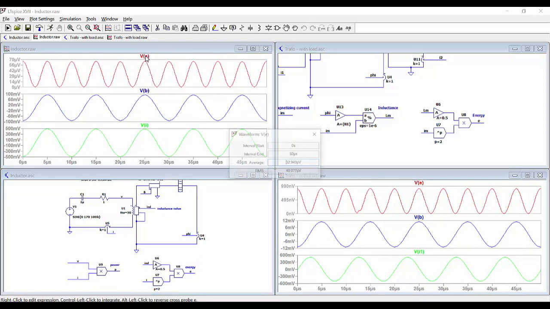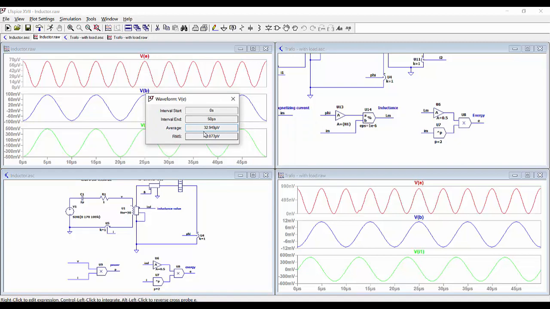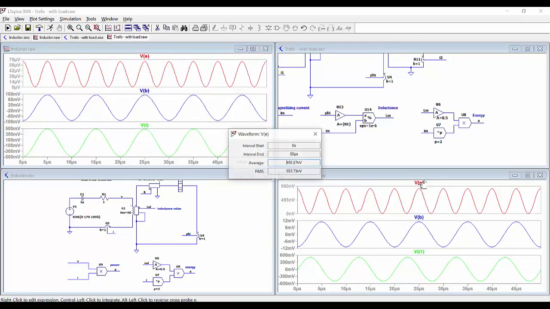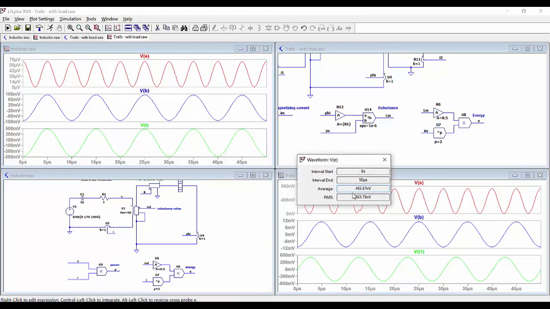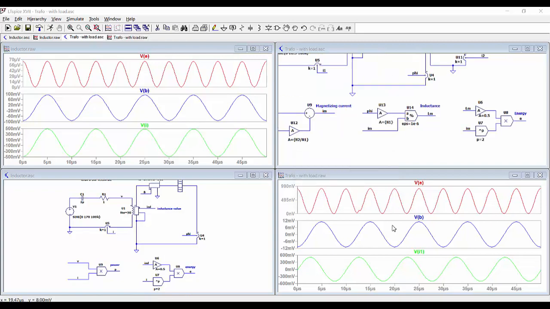So here we can see that we have an energy of around 33 microjoules average, while here the average energy is lower than 0.4 microjoules, 455 nanojoules.